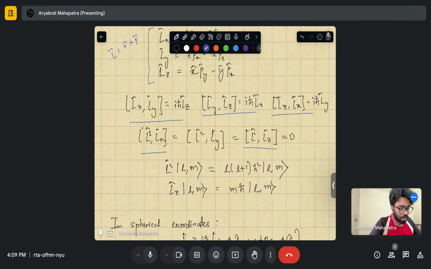What I mean is that you cannot simultaneously measure Lx and Ly with arbitrary accuracy.